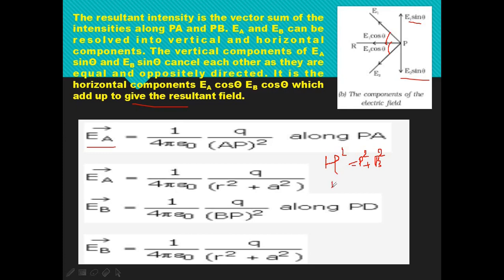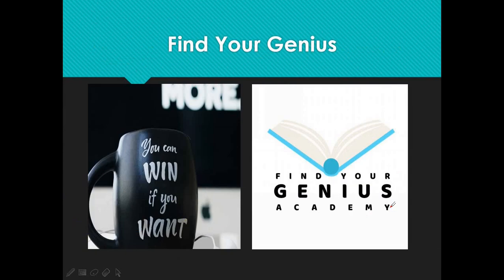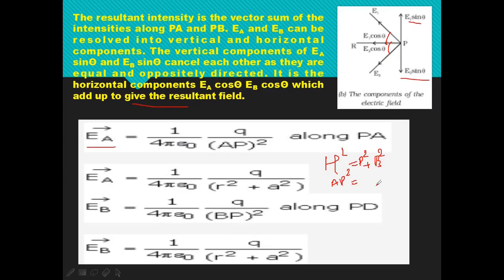Here h square is equal to AP square. Here, see the diagram. The value of the perpendicular is small r and the value of the base is small a.